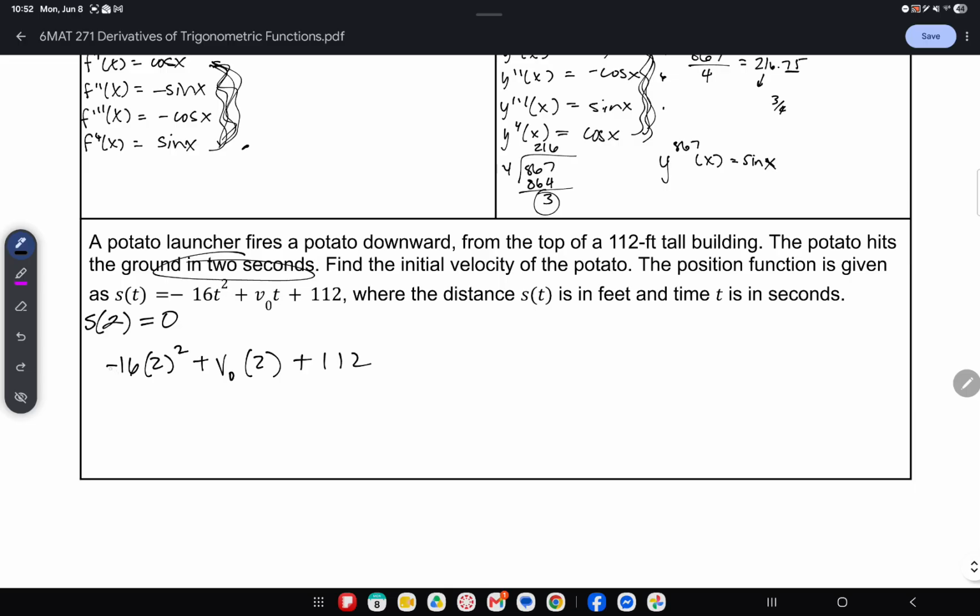So 2 squared is 4, and 16 times 4 is going to be negative 64, plus, and I'll just put the 2 up front, plus 112. And we know that equals 0.